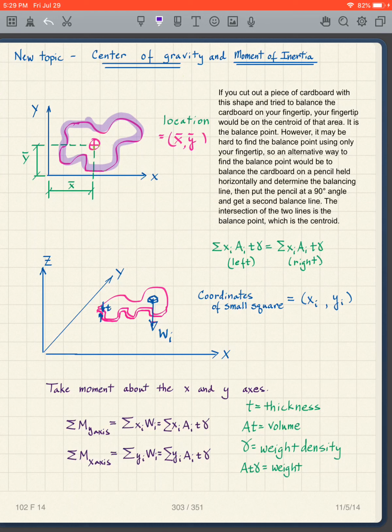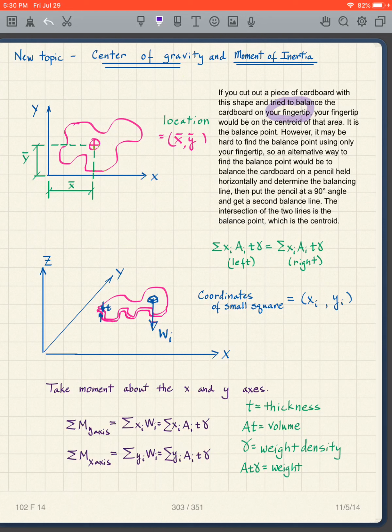The point at which that balances gives me the center of gravity. For instance, suppose I took a random shape and I cut it out of a piece of cardboard like this, and it's got a certain thickness. And I took that piece of cardboard and I balanced it on my fingertip.